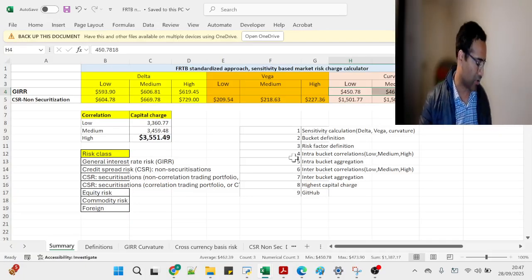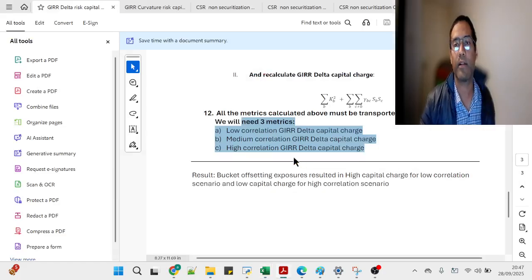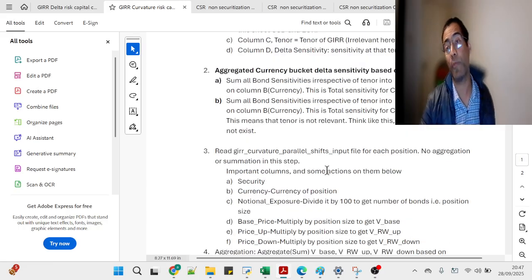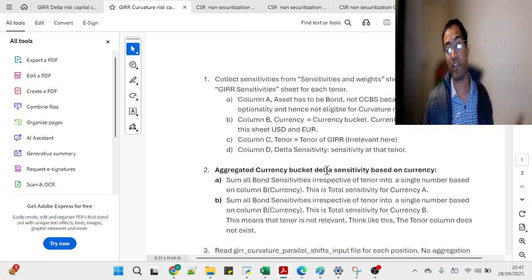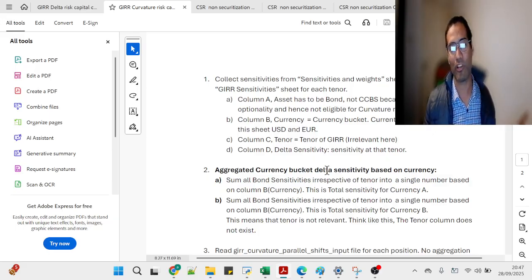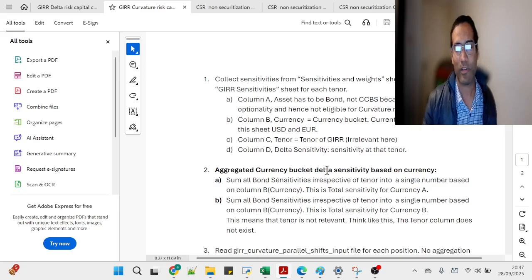Let's see how the curvature gets calculated. One more important thing: why do you need curvature and Vega? For optionality. When there is optionality in a portfolio, in a security like a callable bond, it has an underlying option in it. If the investor has shorted the bond, the issuer is long the bond, so it has options. And what does optionality do?